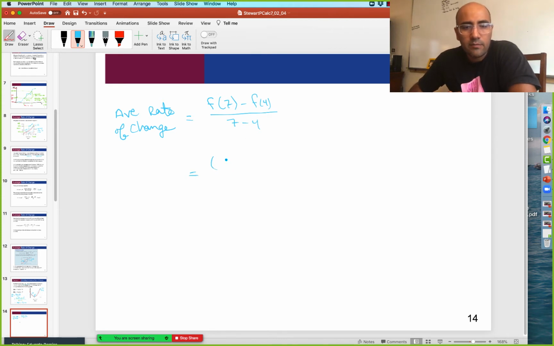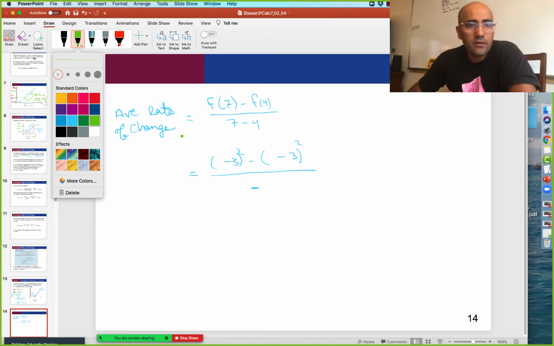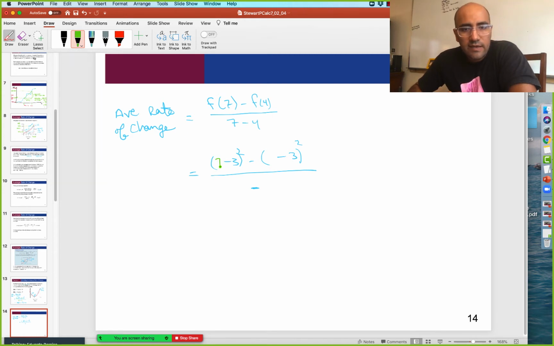Okay, and again it's blank minus 3 squared minus blank minus 3 squared, and then we subtract them down here. So let's plug in the green one again. So it's 7 goes in here minus 3 squared, and 4 goes in here. That's f of 4 minus 3 squared. And then 7 and a 4 over here.